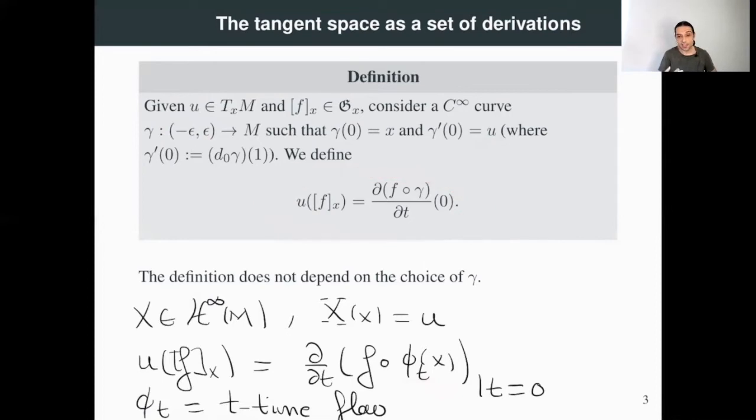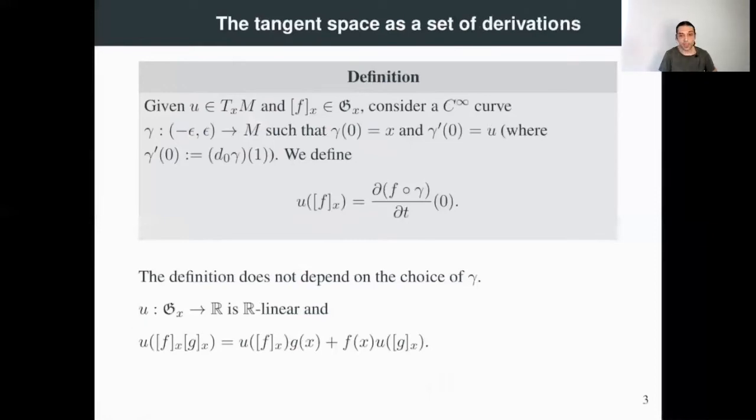But something interesting is that this expression is independent of the choice of coordinates. And so this definition is also going to be independent of the choice of particular coordinates that we consider, okay? It's something that we can define for any manifold.